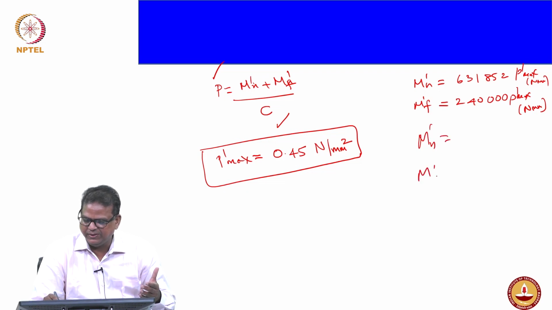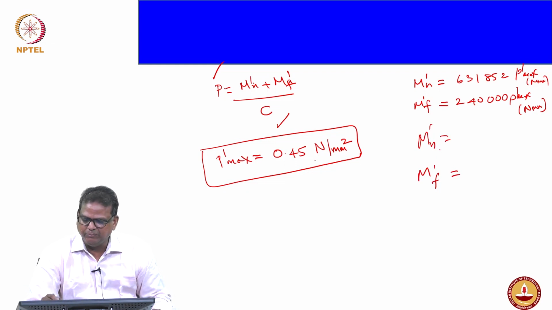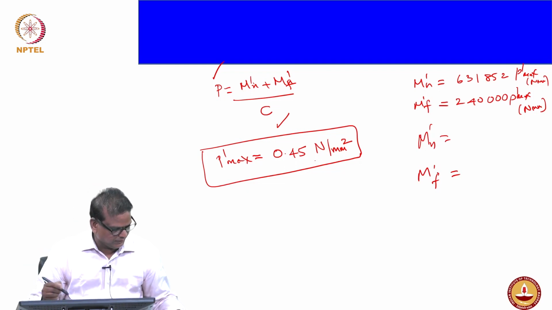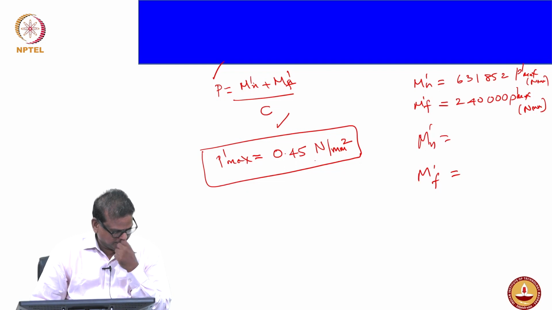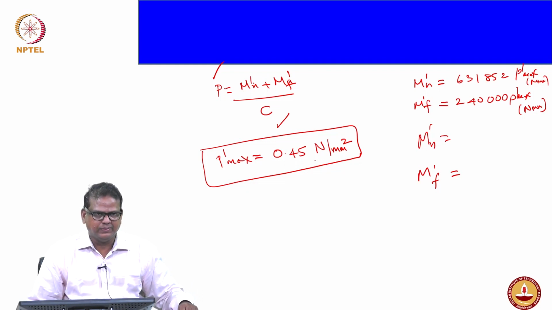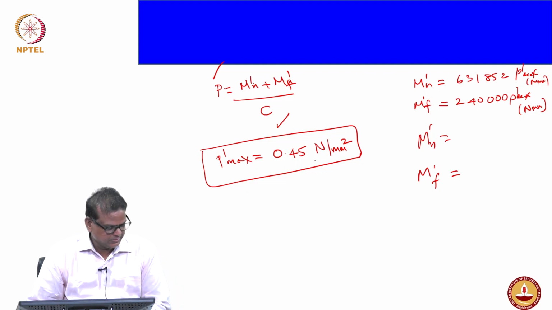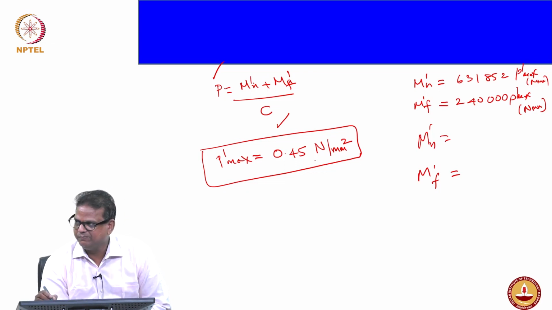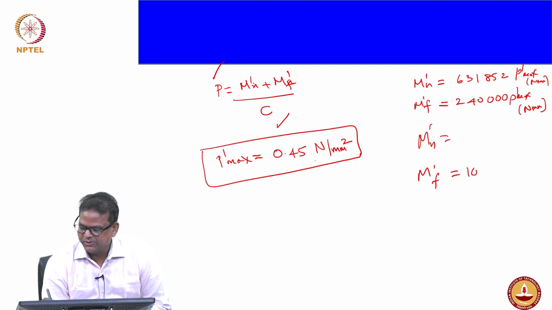Can I have the value please? Now you know that 0.45 is given, so you will find out the normal moment and frictional moment also. What is the value you are getting? 108,000 Newton millimeter, right?